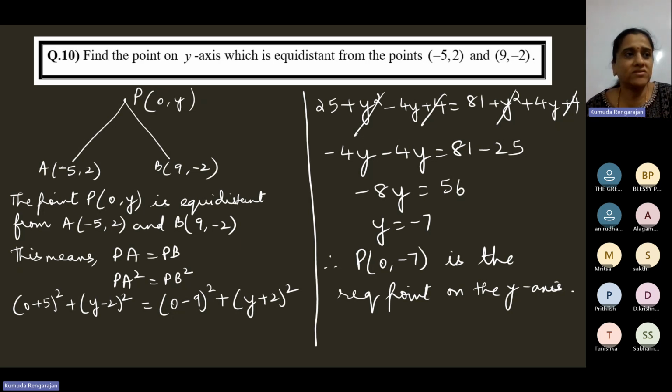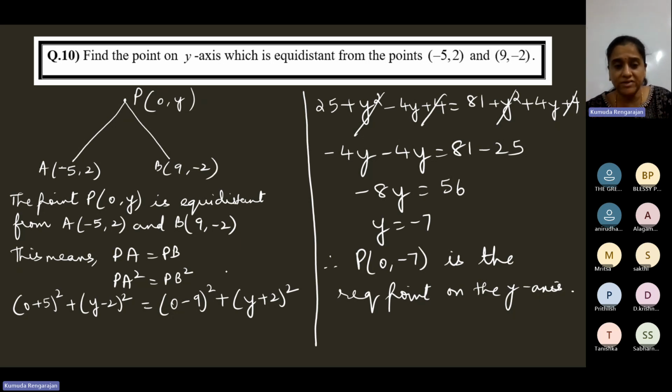Every point on the y-axis is of the form 0, y. Every point on the y-axis will be of the form 0, y. And we are given 2 points, A and B. And this point on the y-axis is equidistant from A and B. So the condition is, if the point on the y-axis is P, then PA is equal to PB.